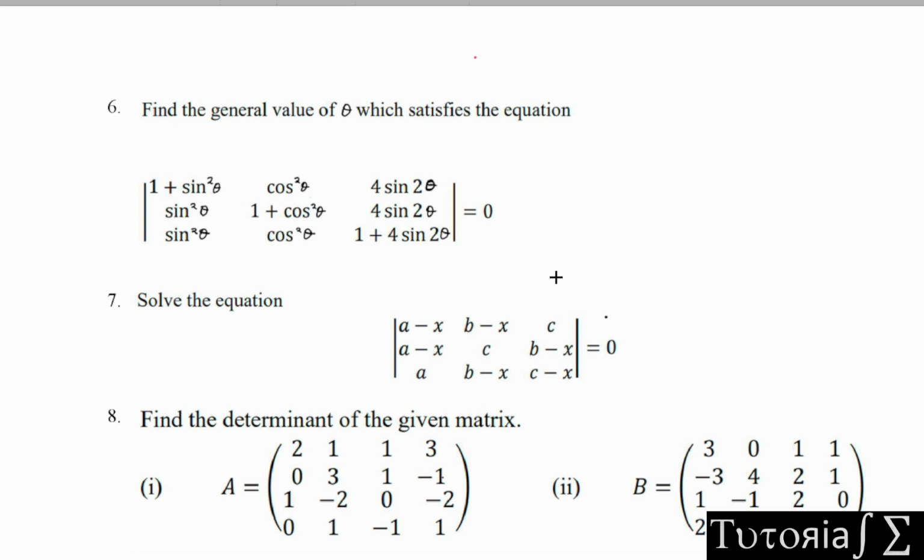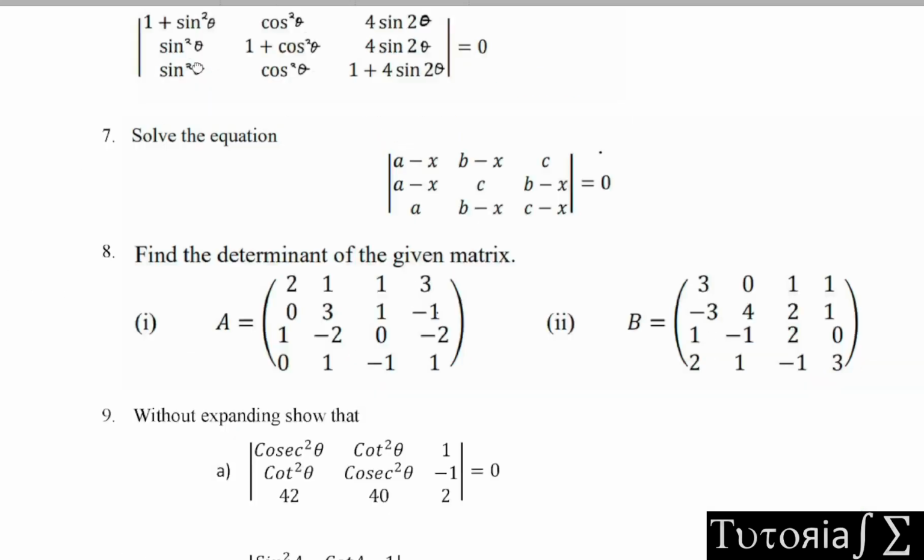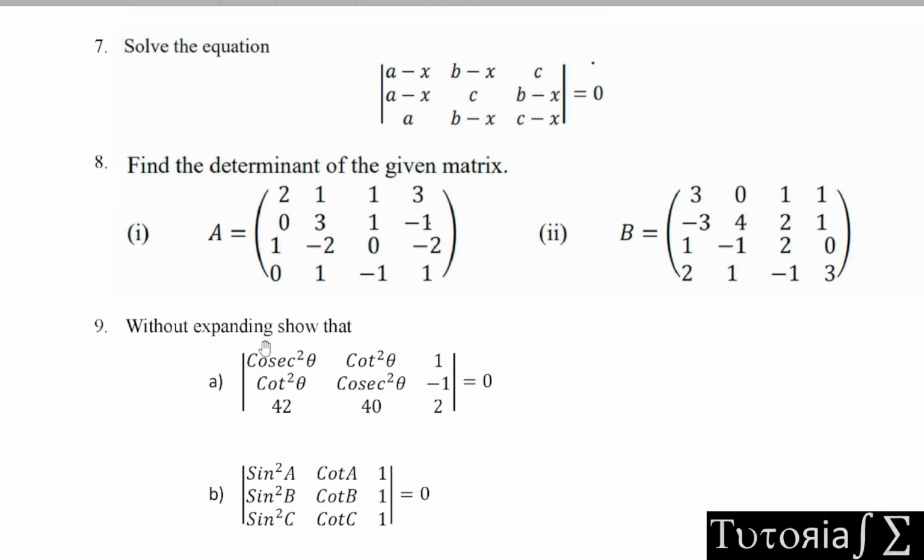For those that we are learning with, we already started looking at determinants and how to use row operations to evaluate determinants. Among the questions that you're going to encounter as you're using row operations to find determinants is this question here, where you're asked to simplify without expanding.